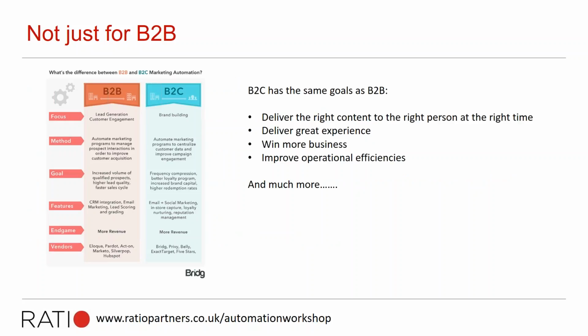Within a B2B organization, they are focused on lead generation, on the alignment of marketing to sales, and on improving efficiencies for their sales team. The ability of marketing automation to nurture leads over a longer period, to score leads, to allow sales teams to focus on the so-called hot leads, made sense for B2B organizations, and that's why a lot of them were early adopters.